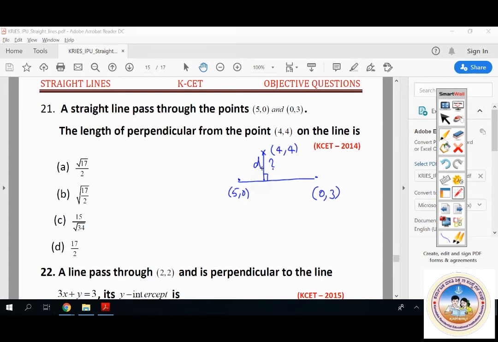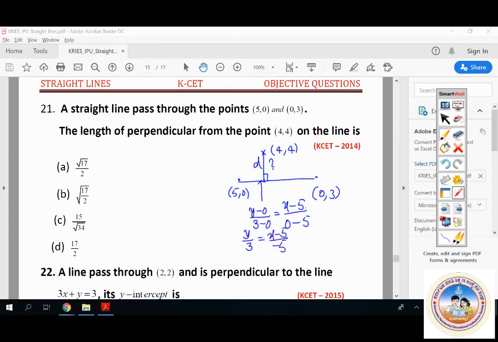So let me first find out the equation of this line. The equation of this line is y minus y1, which is 0, divided by y2, which is 3, minus y1, which is 0. We have to use the two point formula. Equal to x minus x1, which is 5, divided by x2, which is 0, minus 5. On simplification, y by 3 is equal to x minus 5 divided by minus 5.